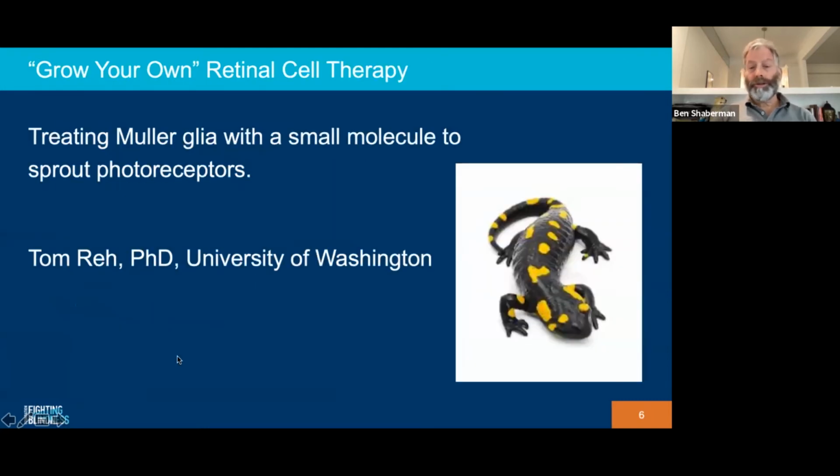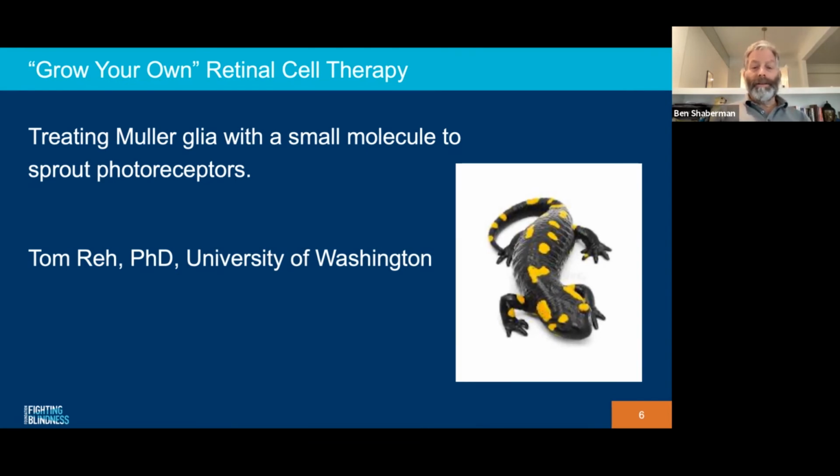So another approach that isn't quite as far along in terms of clinical development, but has exciting potential, is coaxing the retina to self-regenerate. Now, in certain animals like amphibians, if they lose their arms and legs or their tails, they are able to regenerate these limbs. And it's also true for the retinas. A human doesn't have the natural capacity to do this.